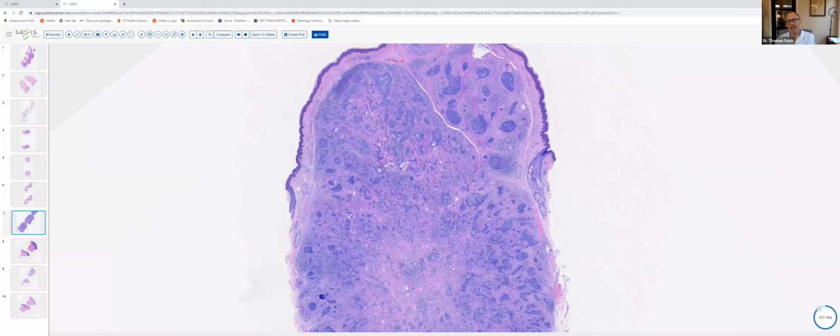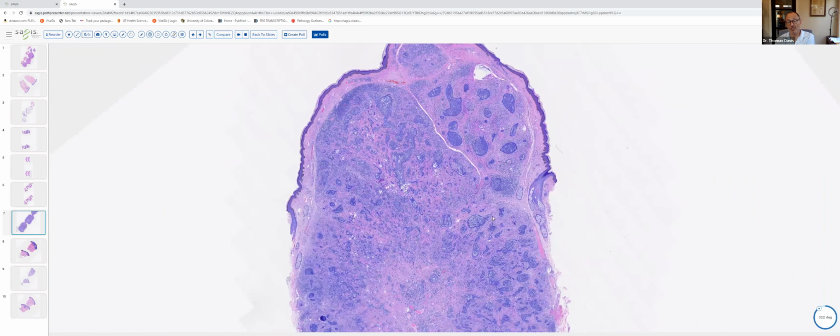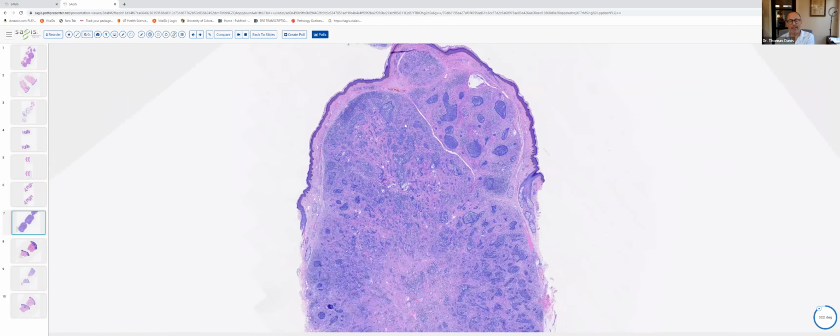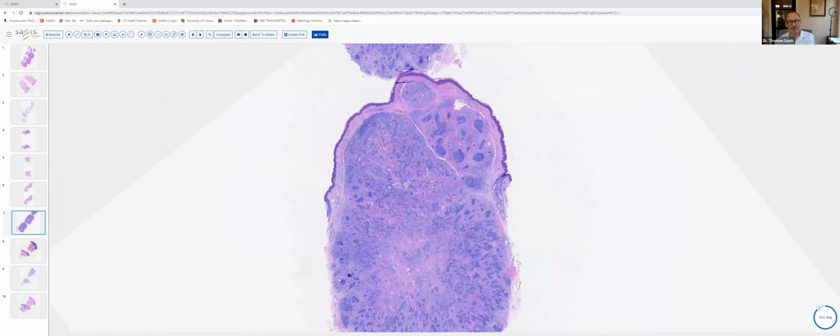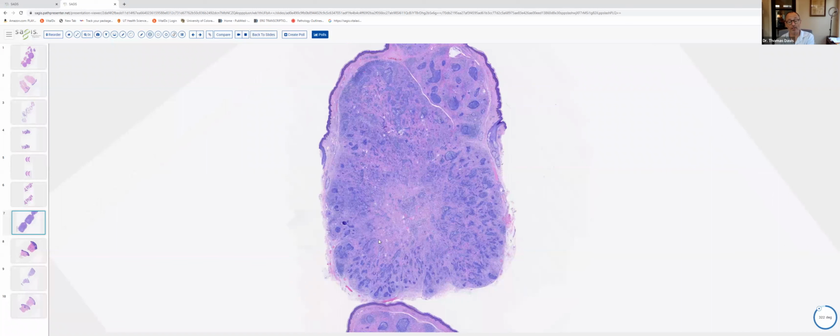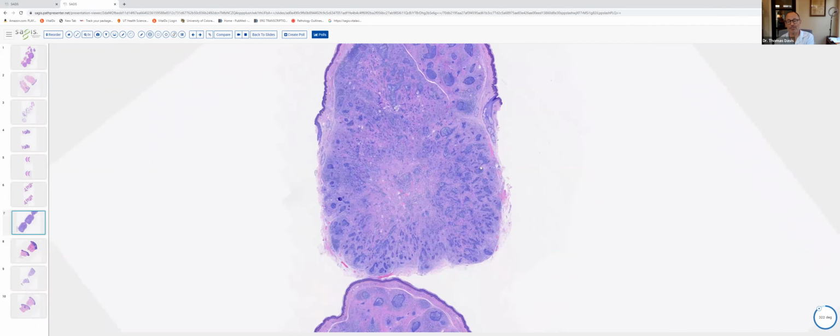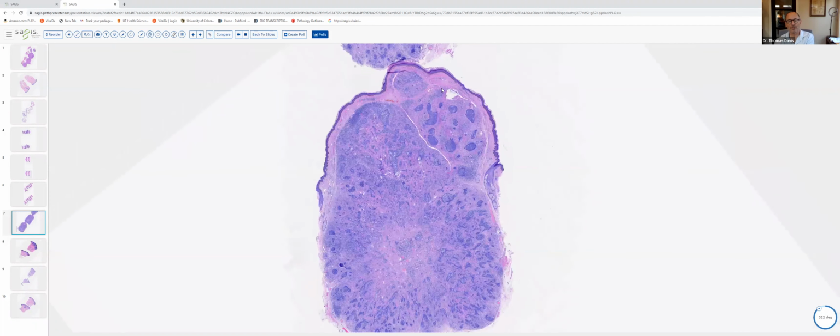And as we move to slightly higher power, we can see that actually we're dealing with an epithelial neoplasm in this instance rather than a mesenchymal tumor. And we've got these islands of epithelial cells, and they're embedded in a very fibrotic stroma. And you can almost draw a line around this stroma. The stroma here constitutes about 50% of this particular tumor.